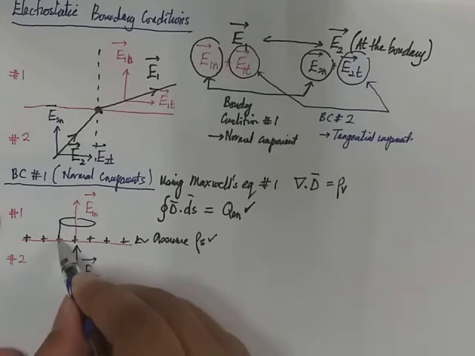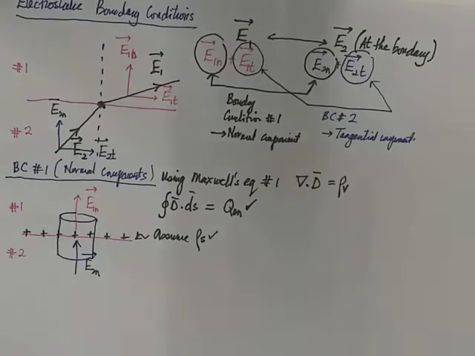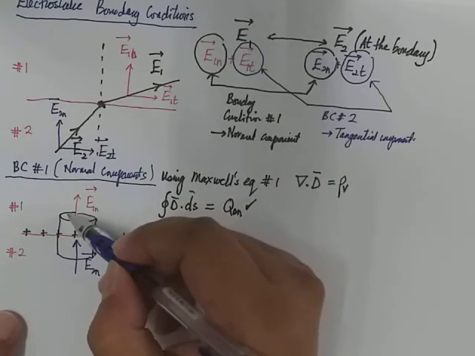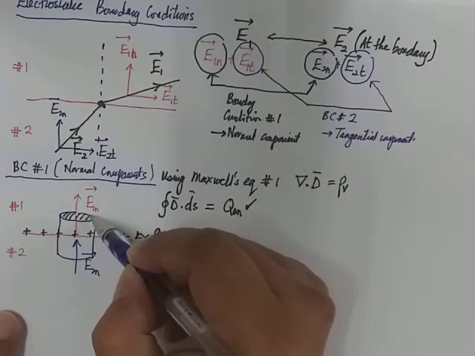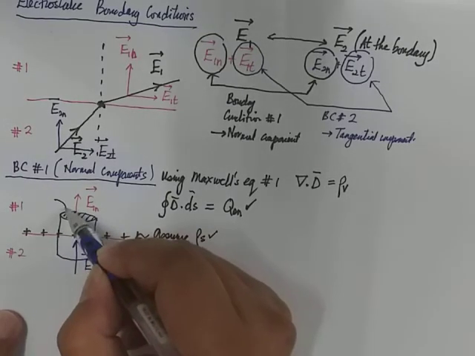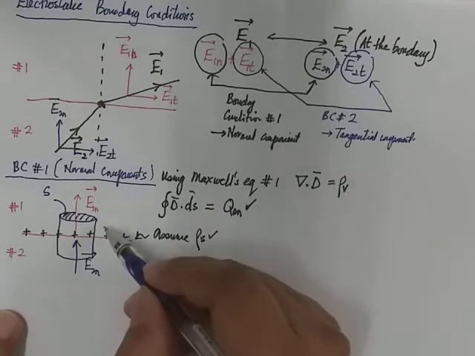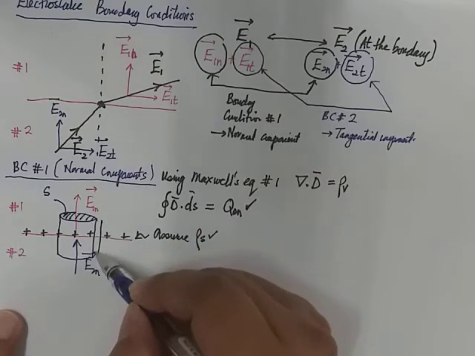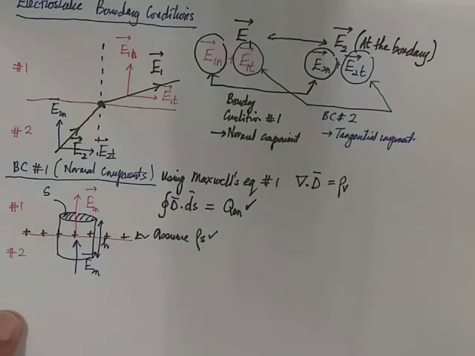This is my Gaussian that I'm going to build, meaning the Gaussian is going to be a cylindrical structure having the area here, let's say S, and the height here, let's say H.